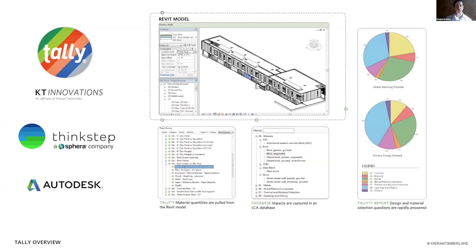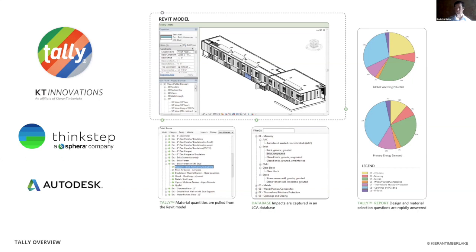So the Tally software came about because of a need, obviously, but it also came about through a partnership between several entities. One of them is KT Innovations, which is a subsidiary of the architecture firm I work for, Kieran Timberlake, sort of our division that spins off some of the interesting ideas and capabilities we have to allow for greater public use. We also partnered with a company that specializes in LCA data.